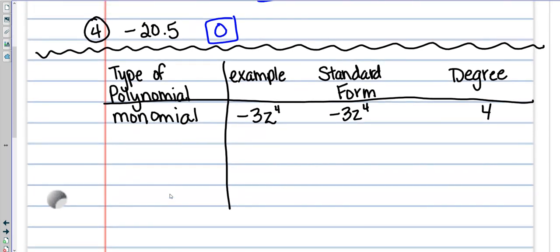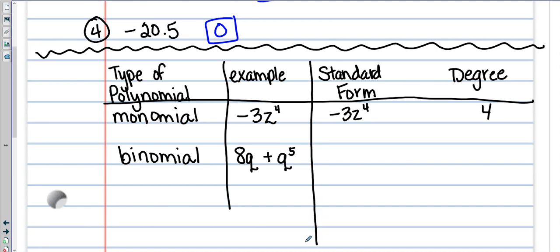Okay, the next type is a binomial. So an example of that is 8q plus q to the 5th power. Okay, so we're going to put it in standard form.